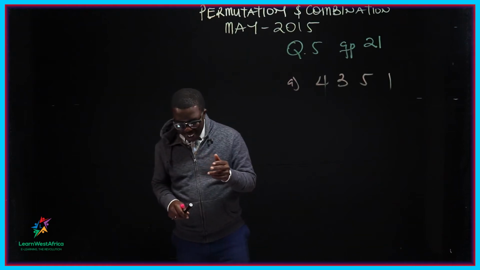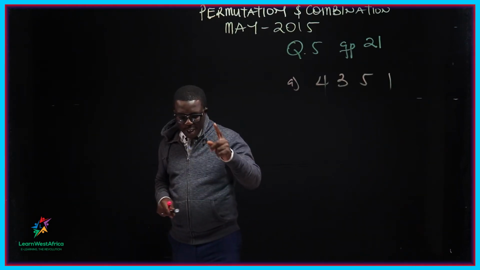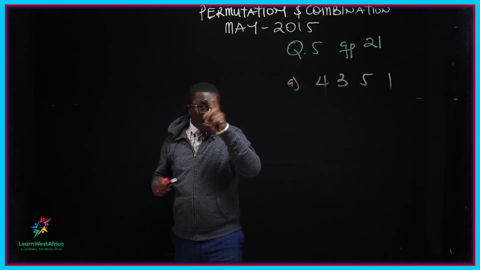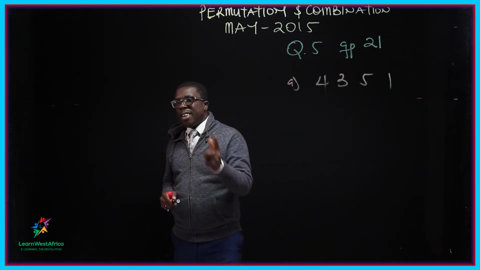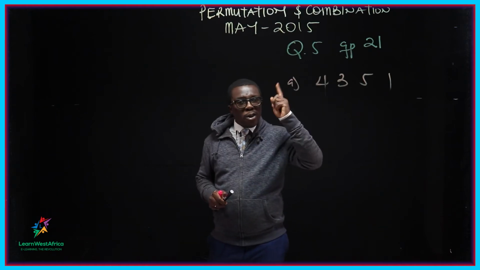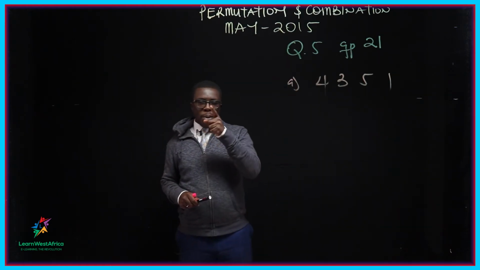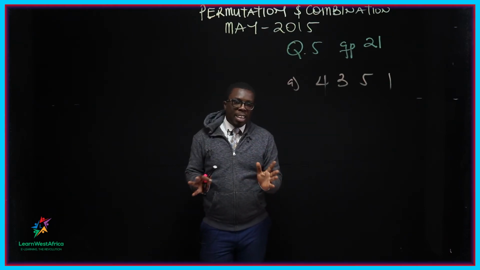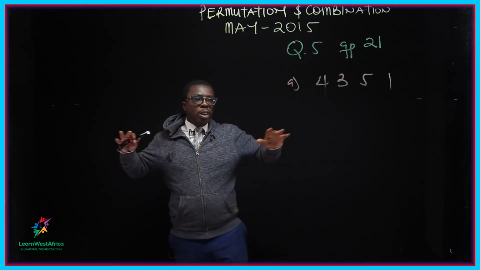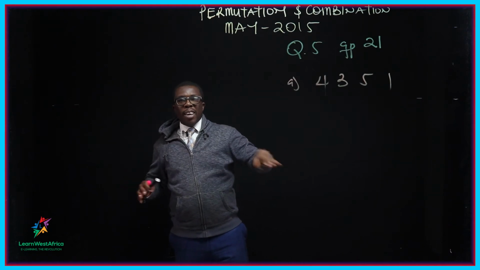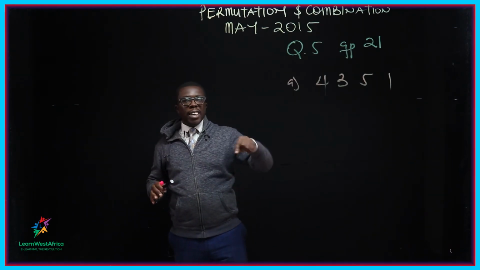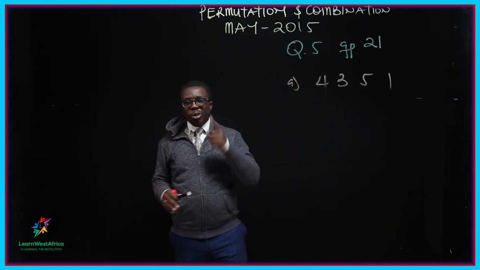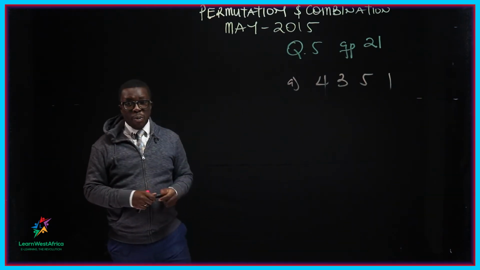A lock can be opened by using only the number 4351. Only the number. Now, emphasis: you can only use the number 4351. Let me ask you a question to help us resolve this. If you wanted to open the lock and you didn't key 4351, but you probably put 5431, do you think the lock will open?